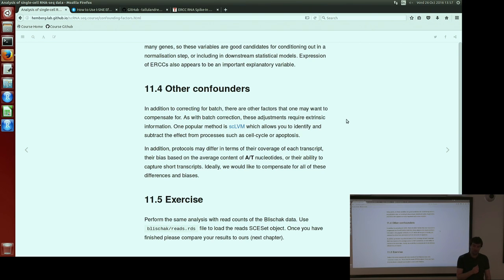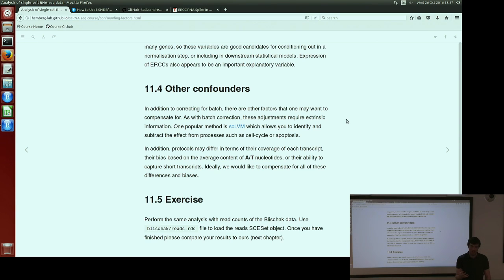But there are other processes that might be active, like cell cycle phase, for example, that is a source of variation in the data that may not be what we're interested in studying. So it's a nuisance source of variability there. But we don't know a priori, unless we've measured it some other way, which cell is in which phase of the cell cycle.